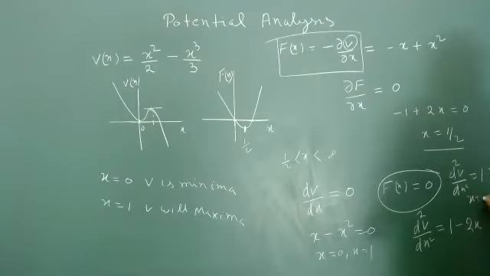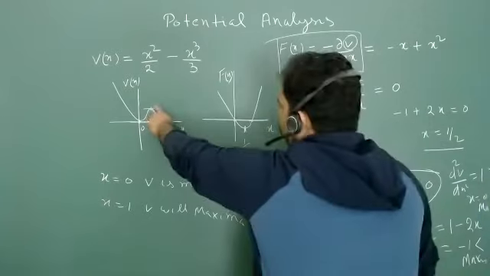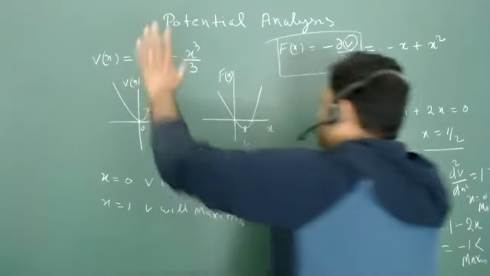So x is equal to 0 is minima. And for x is equal to 1, this value is minus 1, which is less than 0. So this is local maxima. So x is equal to 1 is local maxima, and x is equal to 0 is local minima.